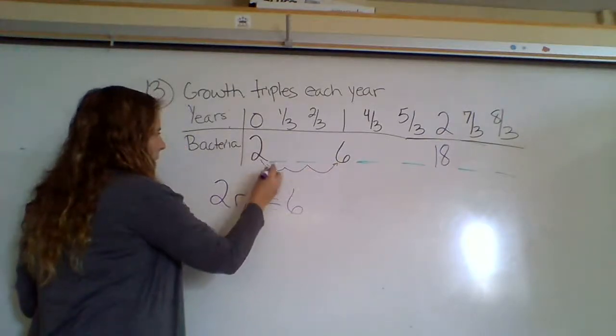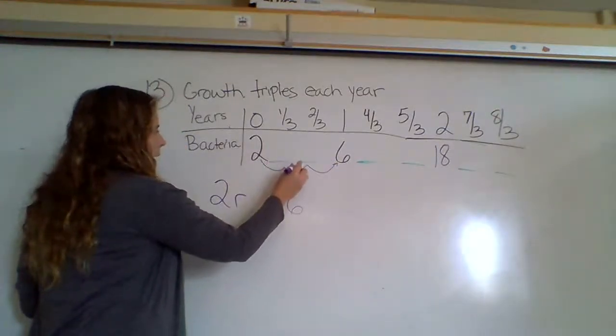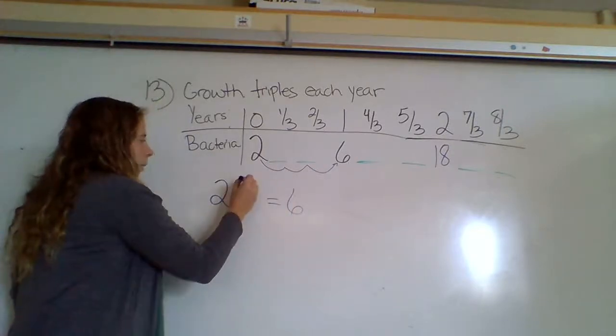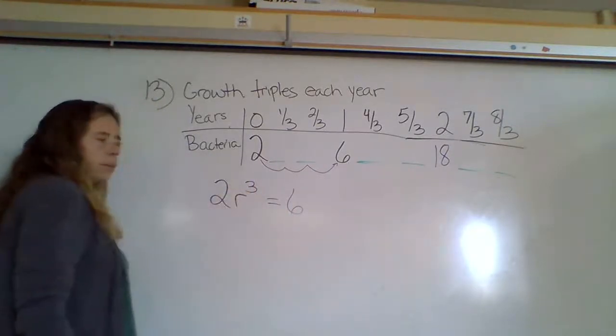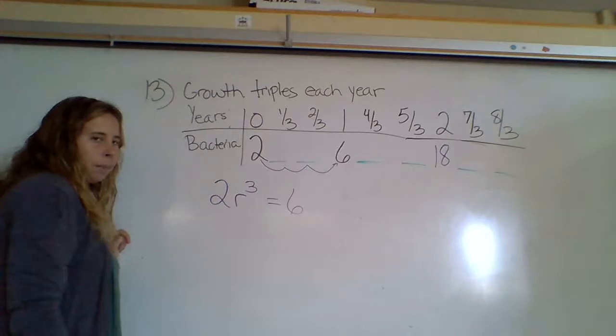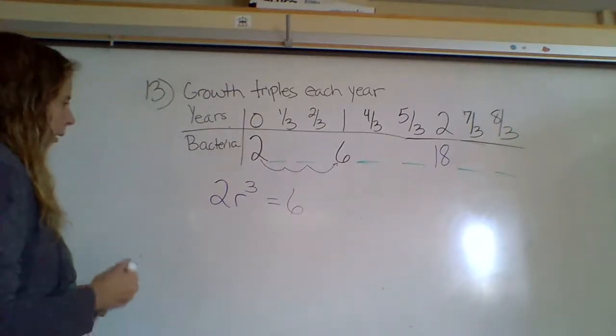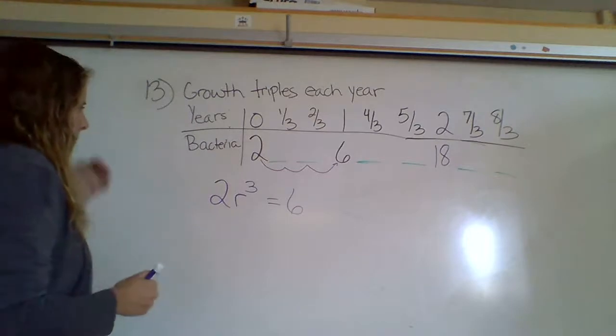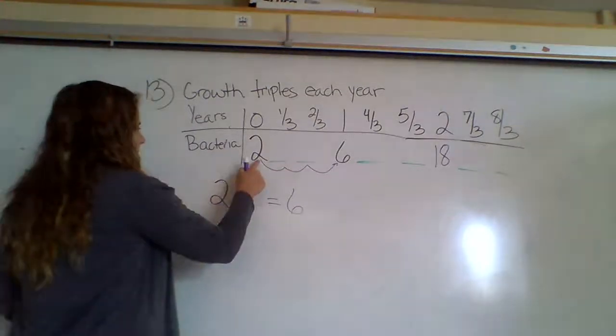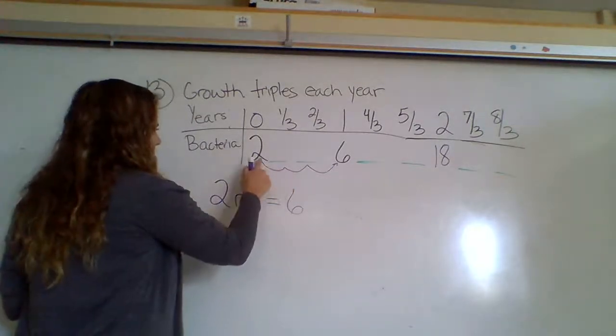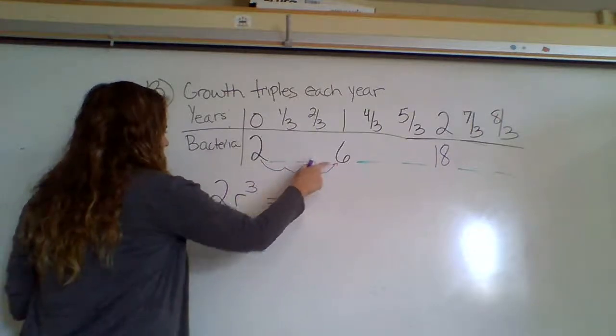I multiply by R to get here, and then again and again, so 3 times. So it's how many times I'm multiplying by R before I get to 6. So 1, 2, 3.